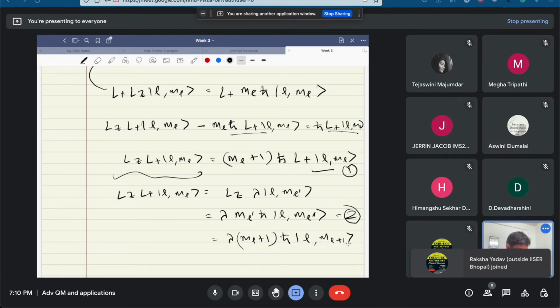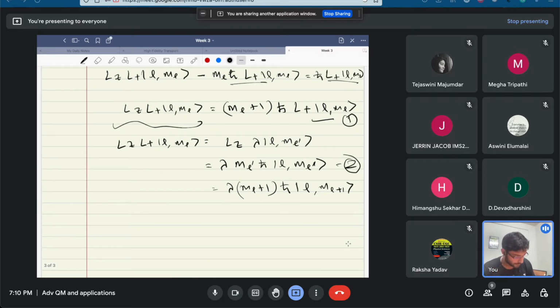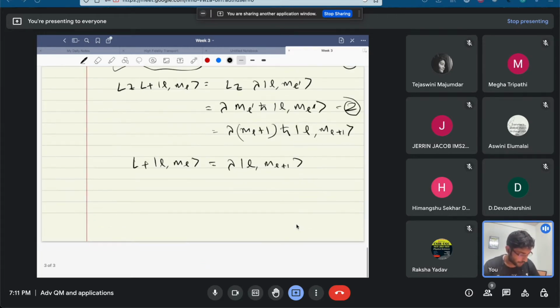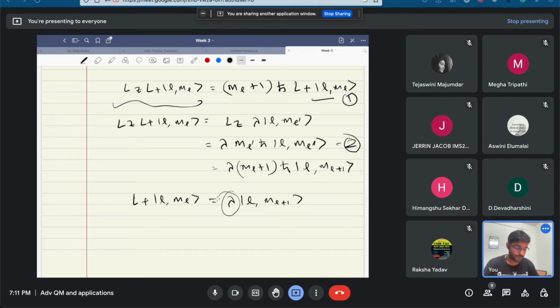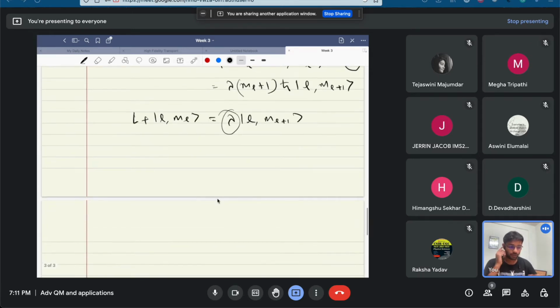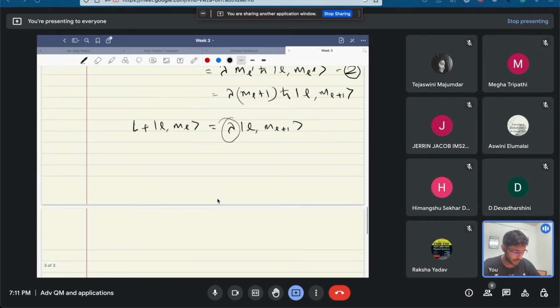So what you can see here is that L plus essentially increases the ML part, the azimuthal angular quantum number, by 1, and similarly for L minus you can see that it decreases by 1. Now in order to find this eigenvalue, which is a significant part used widely in the whole of quantum mechanics, for the hydrogen atom or any other cases, this can be very useful.